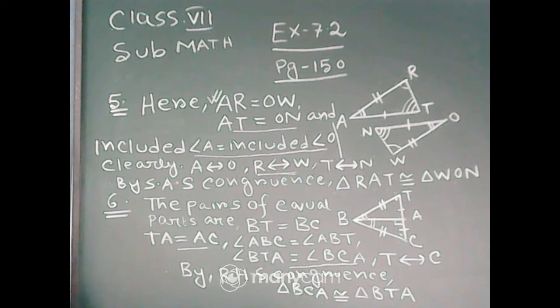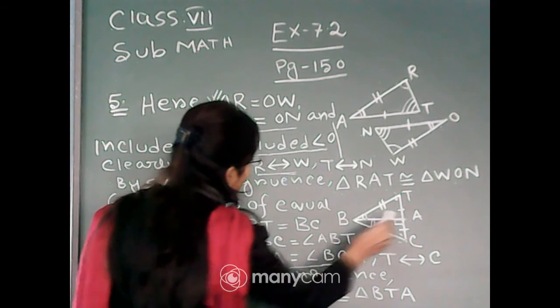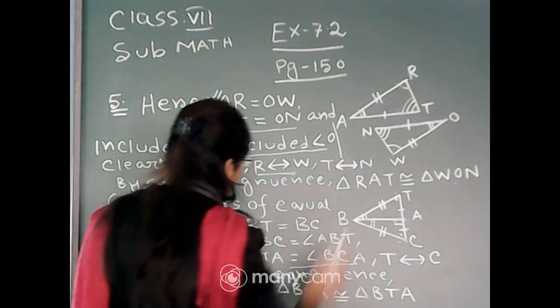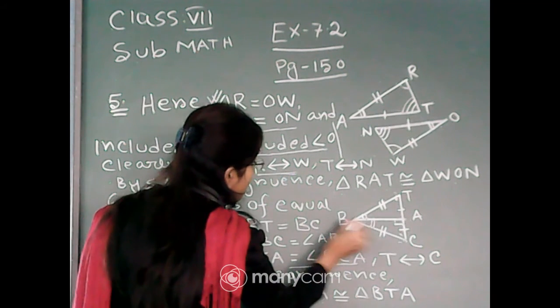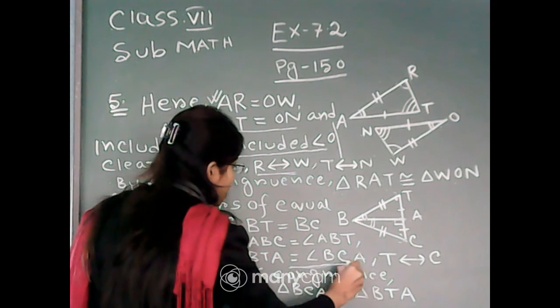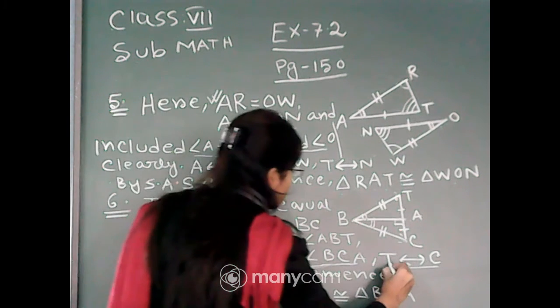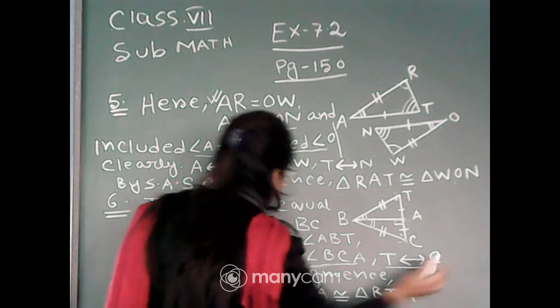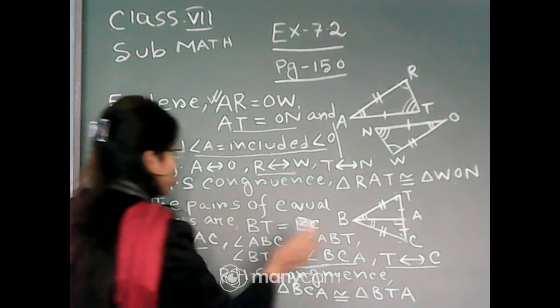It is also given, also side TA is equal to AC, and angle ABC is equal to angle ABT, and angle BTA is equal to angle BCA, and these are given. From this we clearly say that T corresponds to C. If T corresponds to C, then B corresponds to B and A corresponds to A.